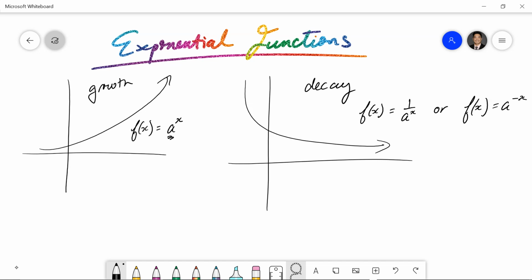We've touched on this in previous chapters, looking at how the manipulation of x and variables of a would affect the graphs.